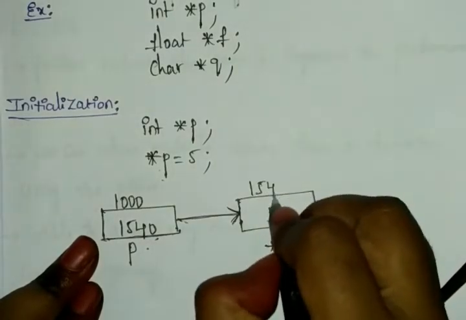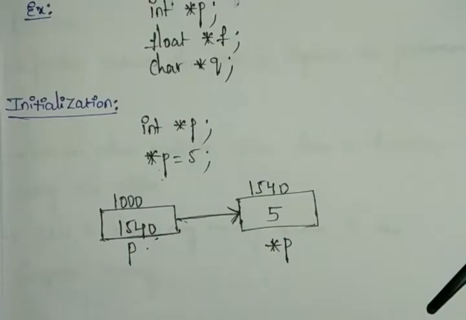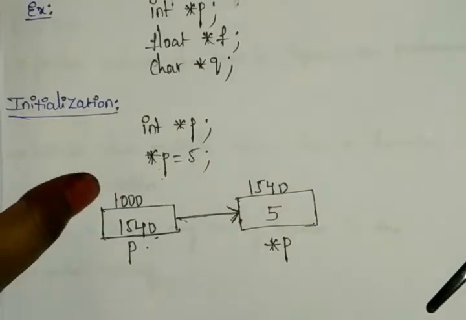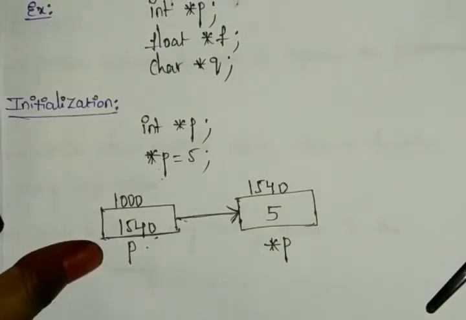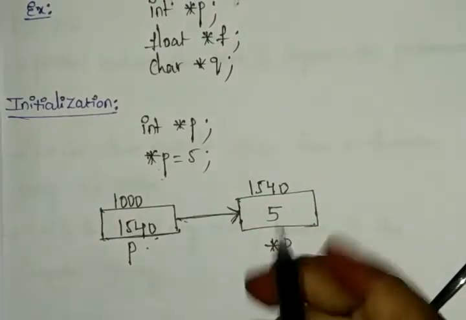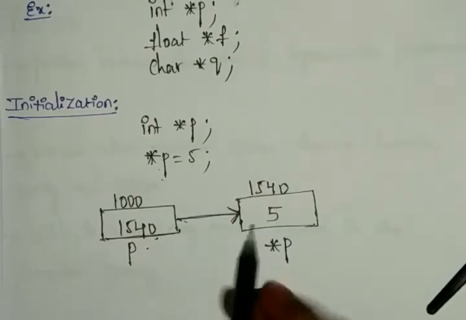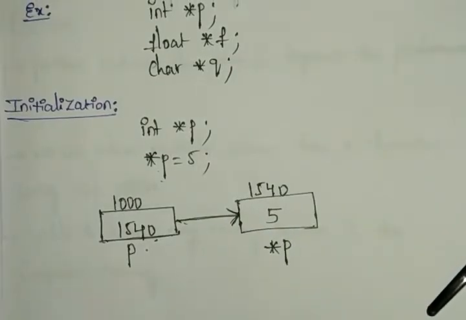Okay, you can take it like this. 5 is stored in the location 1540. So 1000 is storing the value 1540, and 1540 is storing the value 5. Like that we can initialize our pointers.